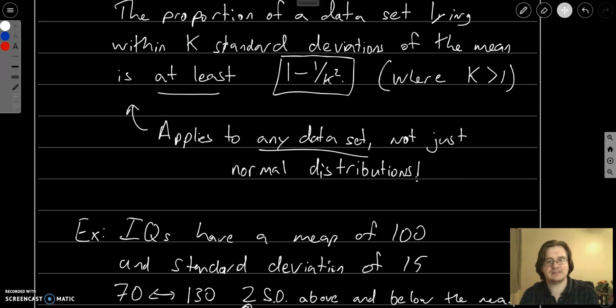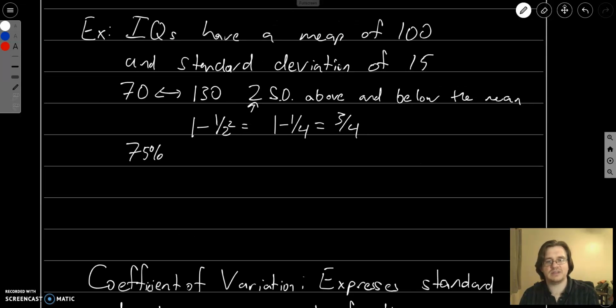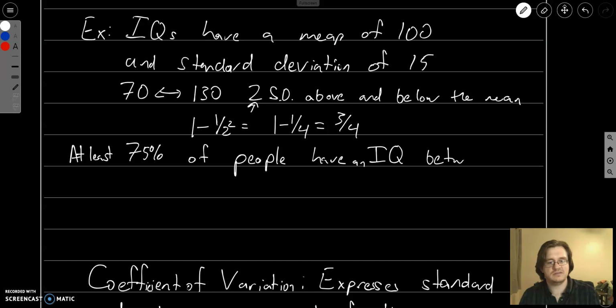at least 75% of the data. So at least 75% of people have an IQ between 70 and 130.